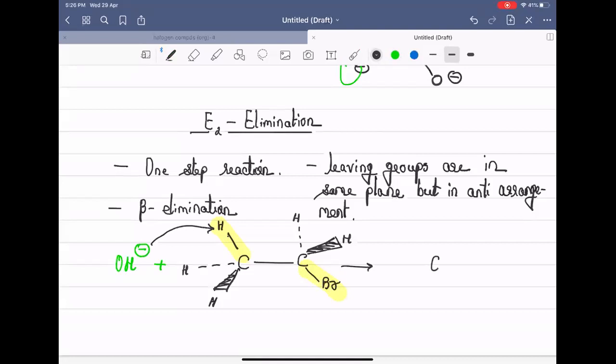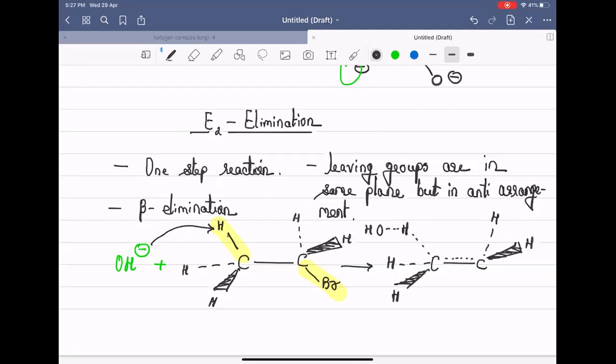So what happens is, now this bond is on the verge of getting broken. This bond is on the verge of getting formed.